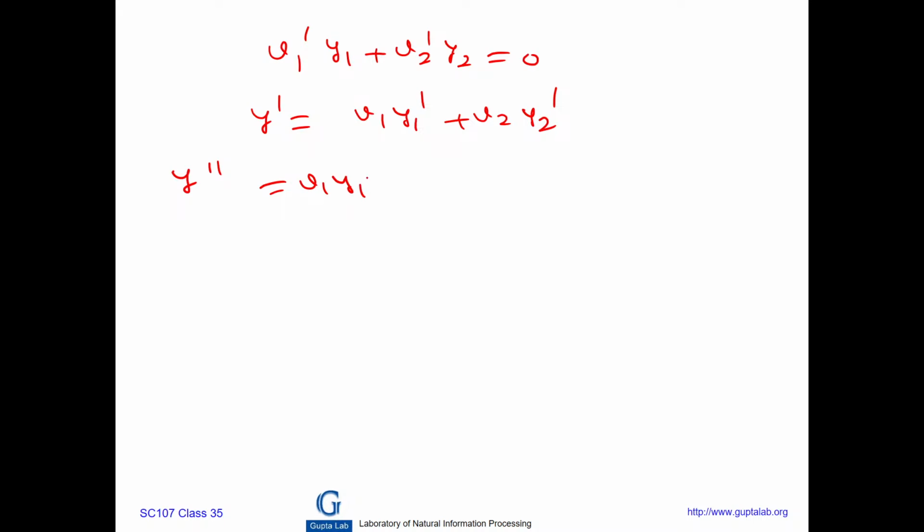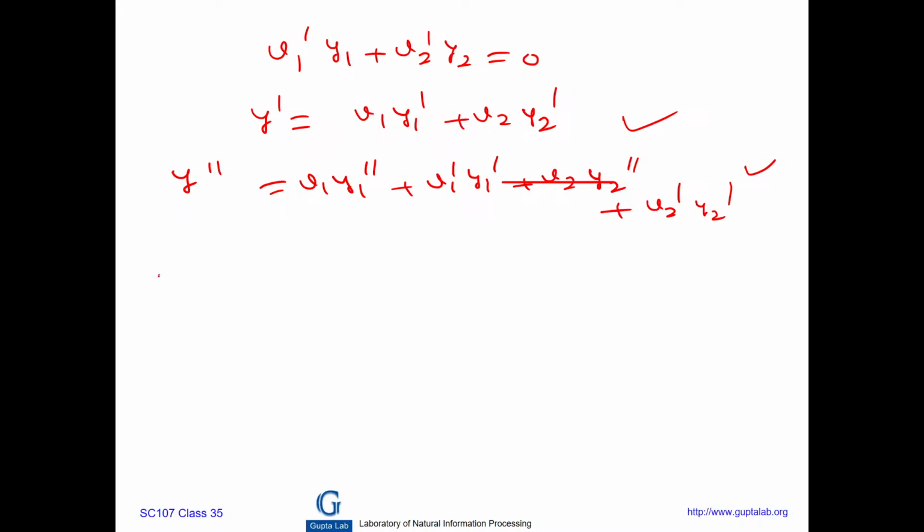V1 y1 double prime plus V1 prime y1 prime plus V2 y2 double prime plus V2 prime y2 prime. Now I can substitute these values of y prime and y double prime in the expression.